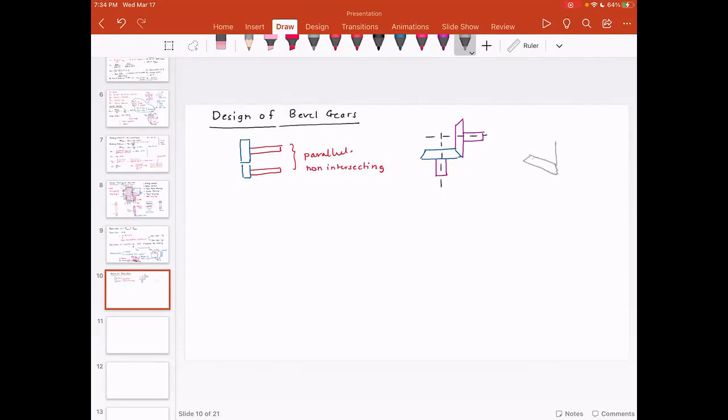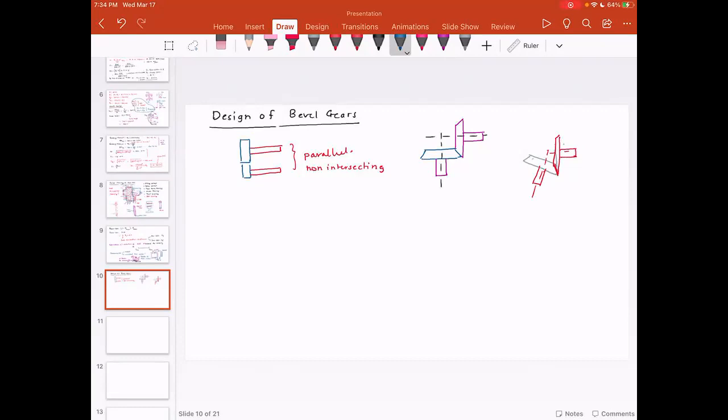So nobody has prevented us from having a bevel gear which is not at 90 degrees. So the angle between the shafts can be 90 degrees or can be different.